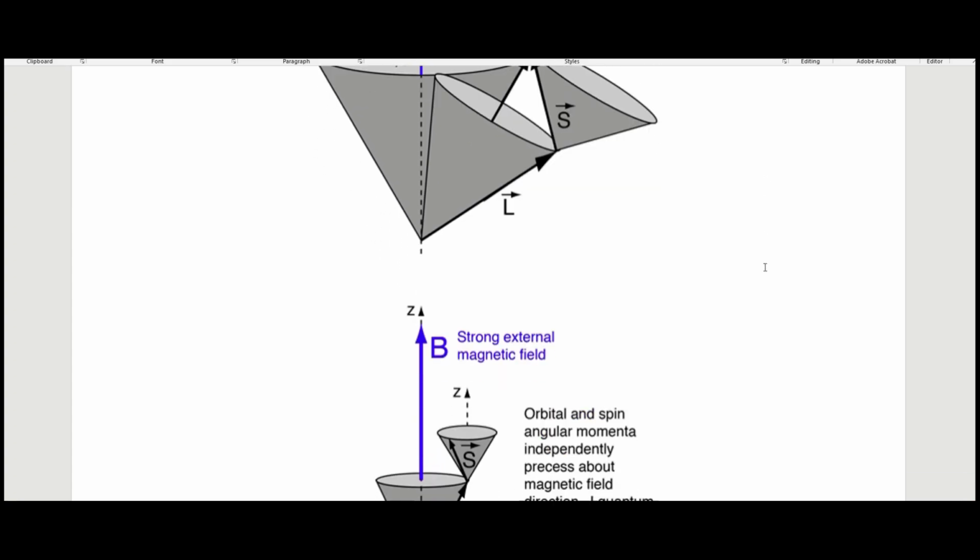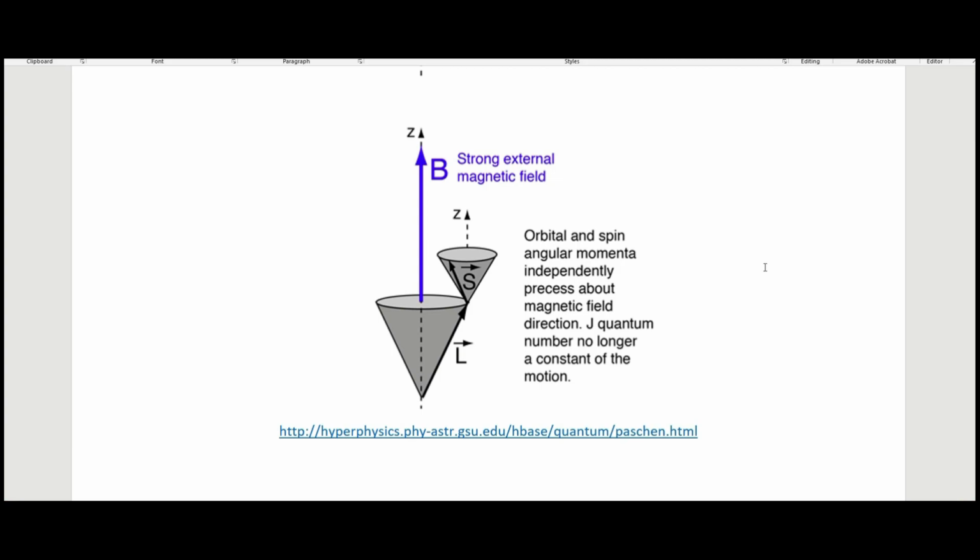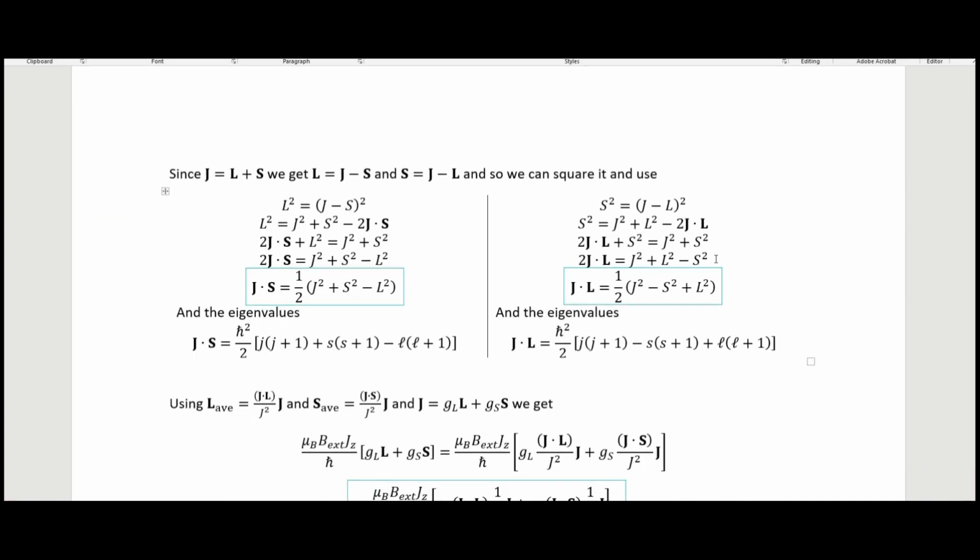What we'll see is that in the strong field Zeeman effect, where we have a strong external field, the orbital and spin angular momenta independently precess about the magnetic field direction. We'll see in a little bit that what's happening is that it's breaking the spin-orbit coupling when we have a magnetic field sufficiently strong. But we'll get to that in a little bit.